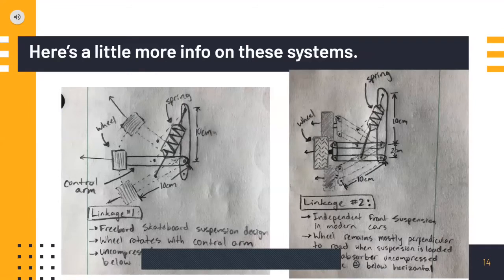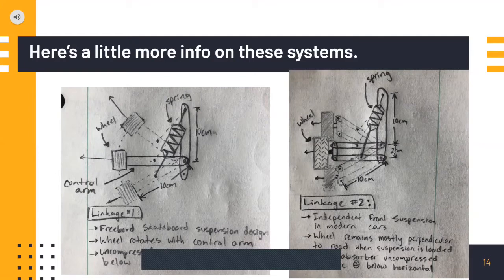Here's a little bit more info on these systems. In the picture on the left is our linkage 1, or the Freeboard skateboard suspension design. In this design, the wheel always rotates perpendicular to the actual bar that it's mounted on. When the spring is uncompressed, the bar is at an angle below the horizontal.